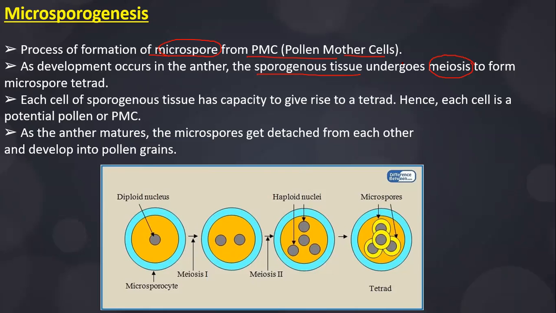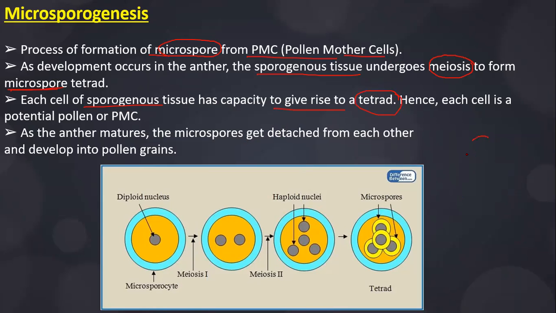Coming back to this chapter, as development occurs inside the anther, the sporogenous tissue present inside the microsporangium undergoes meiosis to form a microspore tetrad. Each cell of the sporogenous tissue has the capacity to give rise to a tetrad. What do you mean by microspore tetrad?